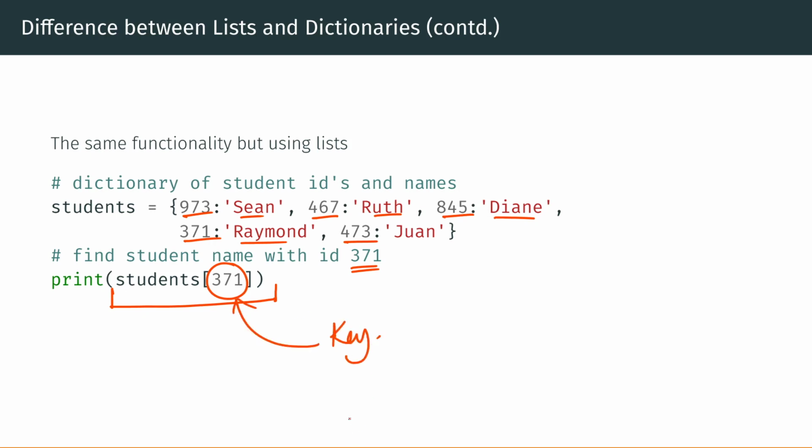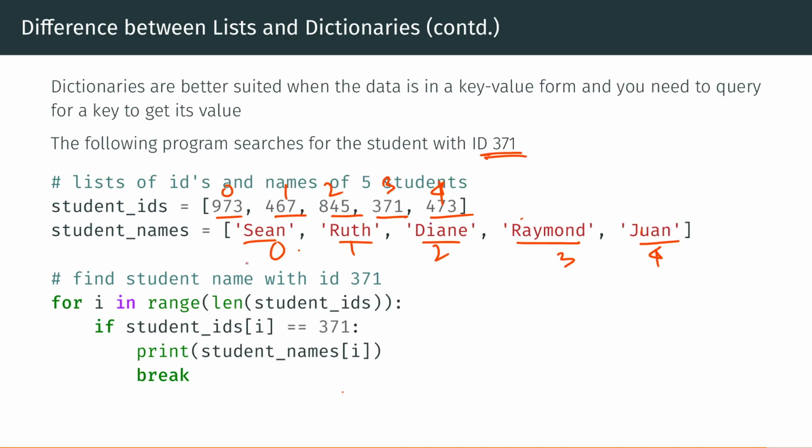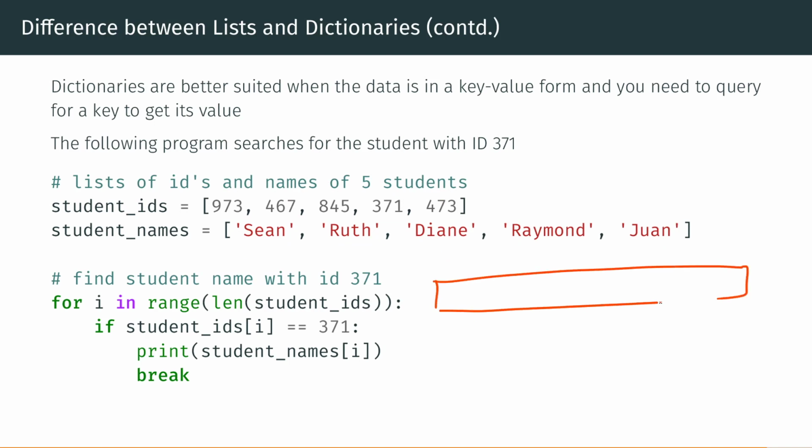Okay, so in the case of lists, how it's stored is, you have two lists, each of size 5. This one is the student IDs, so this one will contain 973, 467, 845, 371, and 473.